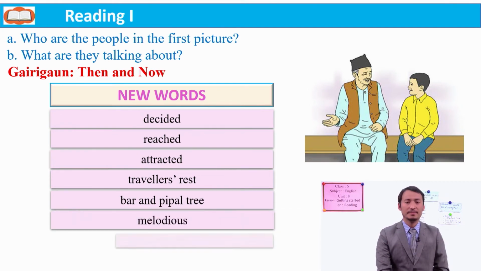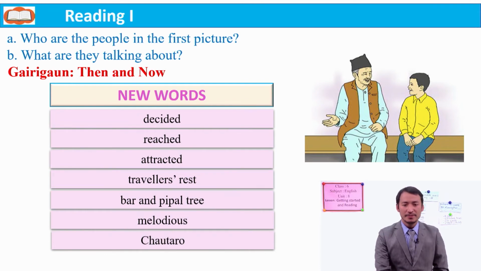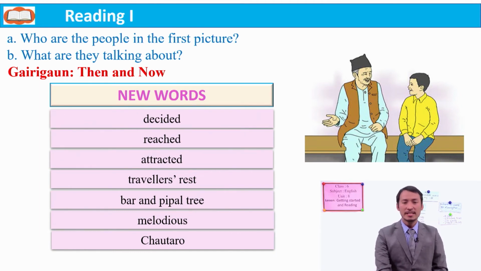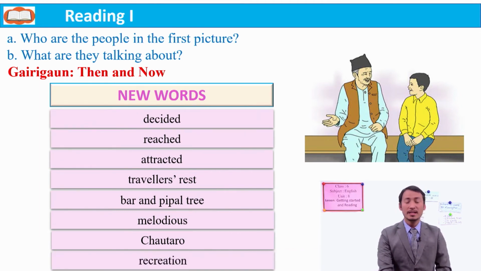Melodious. Chautaro. Okay, students, these are some new words that you might find. Now you have some idea to read. The final word we missed is recreation. Now let's talk about their meanings in short.